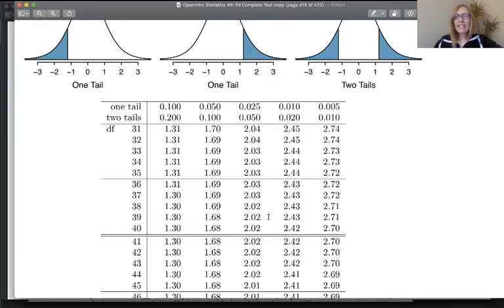So our test statistic is somewhere in between these two. Do you see that? Degrees of freedom is 39. Our test statistic is bigger than 2.02. It's smaller than 2.43. So it lives somewhere in here.